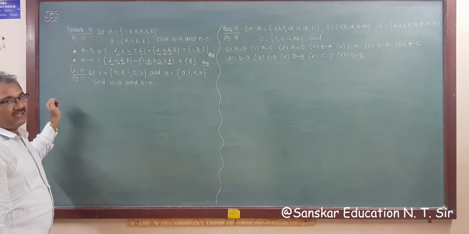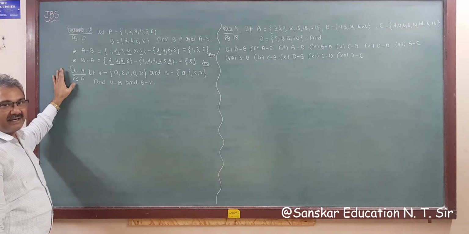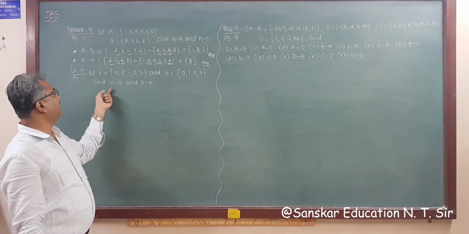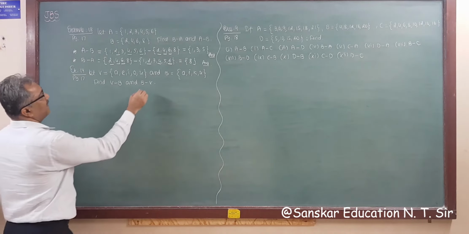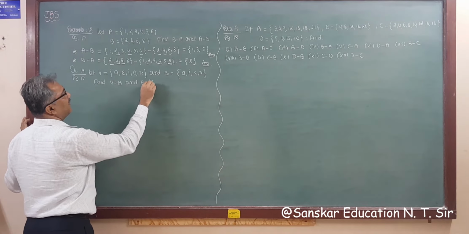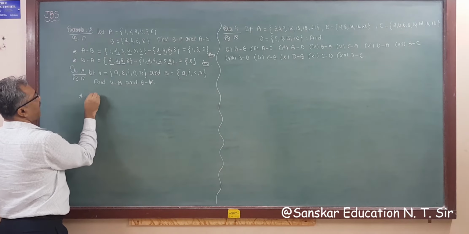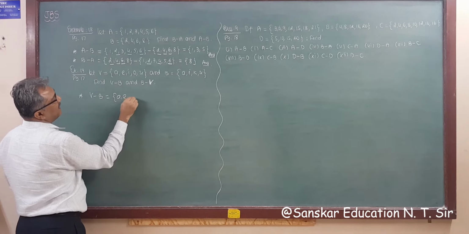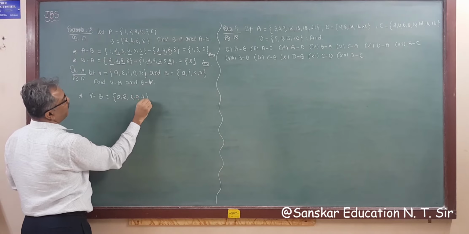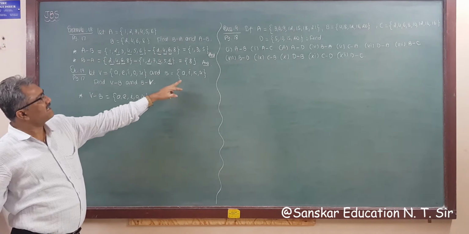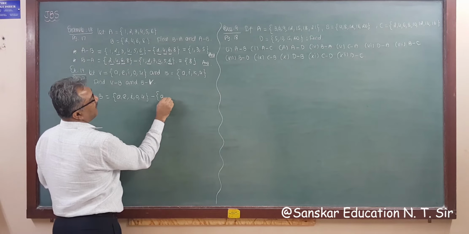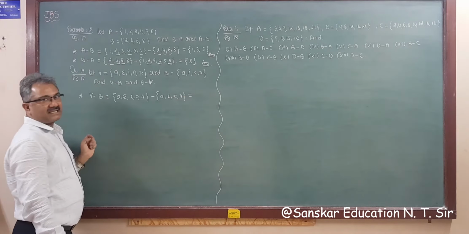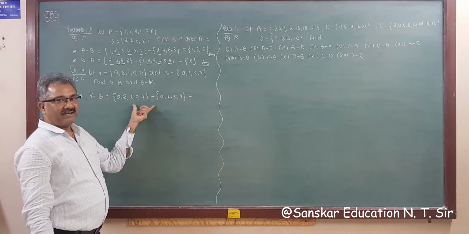Now similarly for example number 19, illustration 19, page 17. Let V is equal to this and B is equal to this, then find V minus B and B minus V. So first V minus B. V is given as A, E, I, O, U, minus set B, which is A, I, K, U. For the answer, we have to remove common elements from the first set.